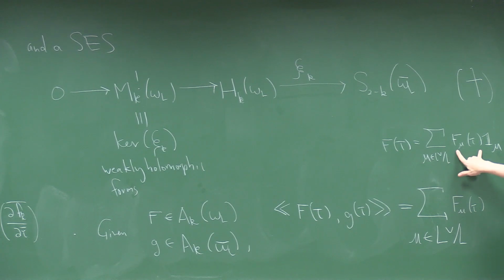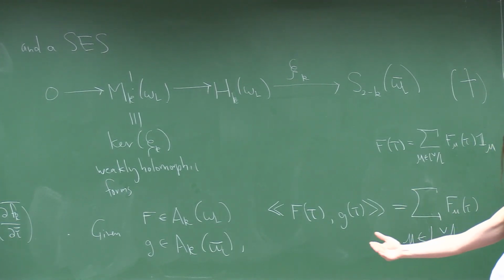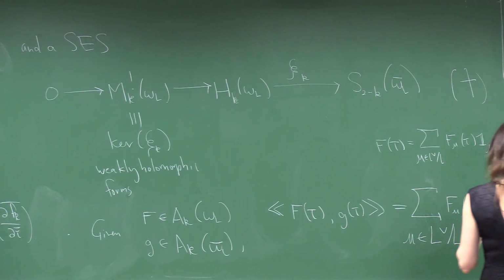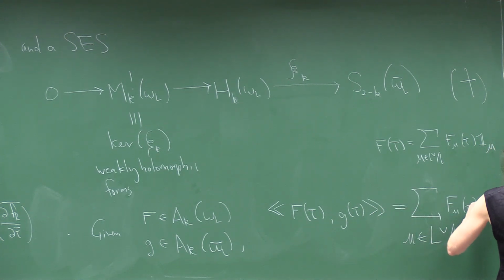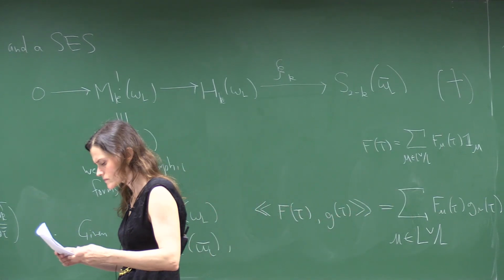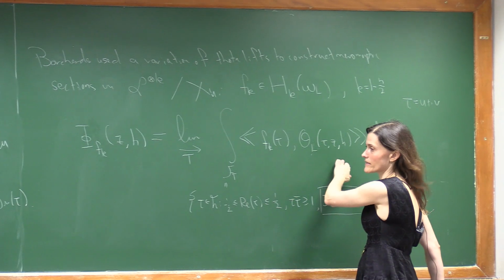Each of these will be a scalar-valued modular form with a standard Fourier series expansion, or a standard q-expansion, which I write this way for simplicity. Of course, the coefficients in each expansion can be indexed by both mu and by positive rational numbers. So this pairing just means you take this linear combination of the scalar functions corresponding to each mu. And that's the pairing that appears in the definition of the regularized theta lift.